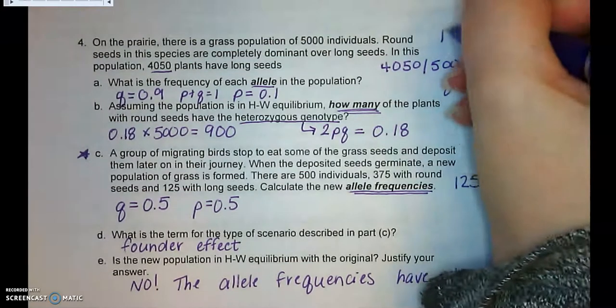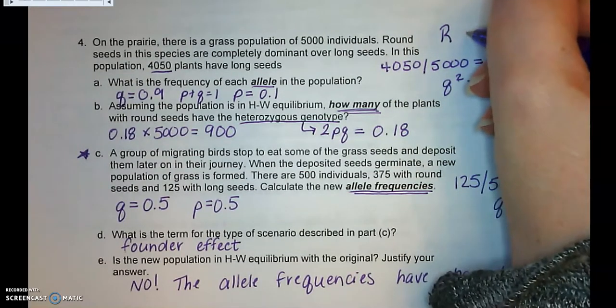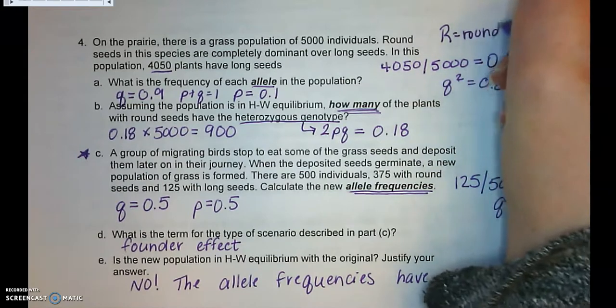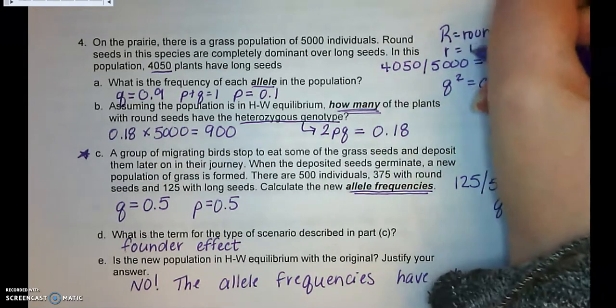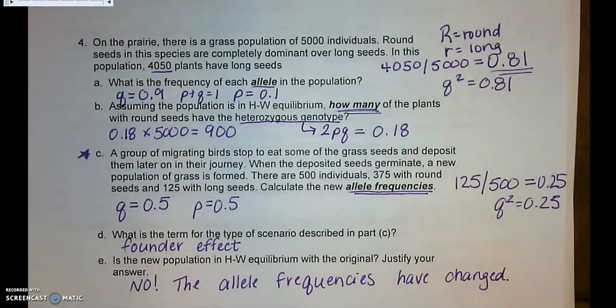So if we use letters, that's going to be our round seed allele, and this is going to be long. That's lowercase r. Okay? We have 4,050 plants that have long seeds in the population.